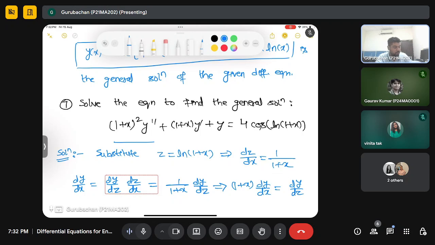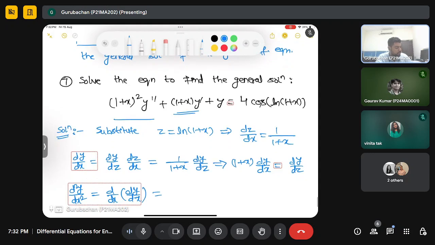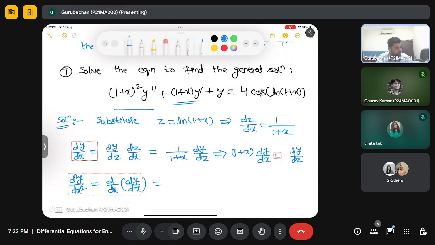So the second term will be dy by dz directly. Now for d2y by dx square, take d by dx of dy by dx. From the first part, this will give you 1 by 1 plus x whole square dy by dz with negative sign, and the other part will be the double derivative.